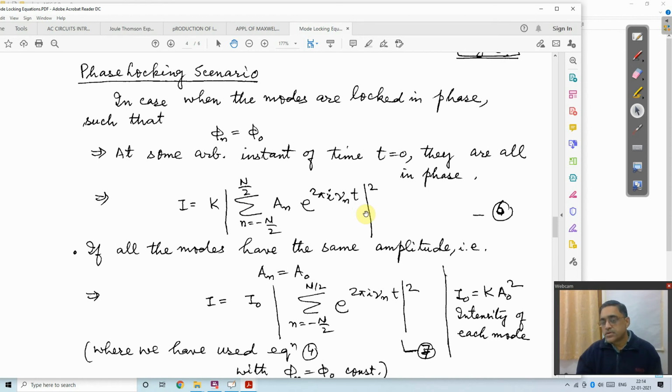So this is the same equation barring the fact that phi_n have been put equal to 0.